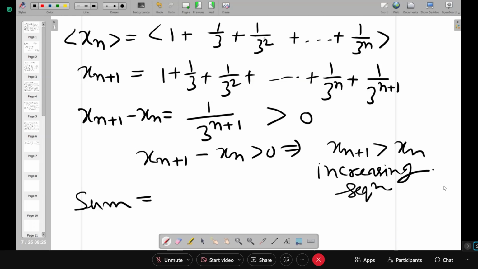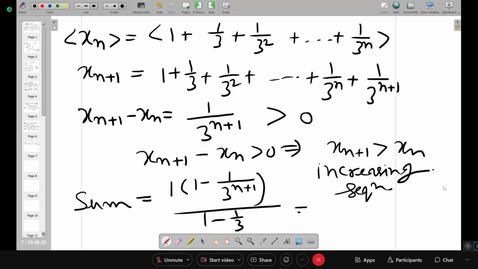Because this is a geometric series, the sum will be the first term times 1 minus r to the power n plus 1, over 1 minus 1 by 3. This is the formula to find the sum of a geometric series. This is a term of this sequence.